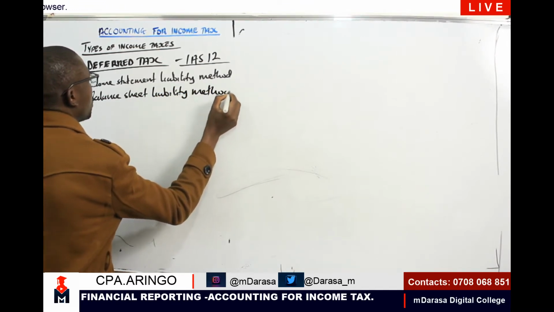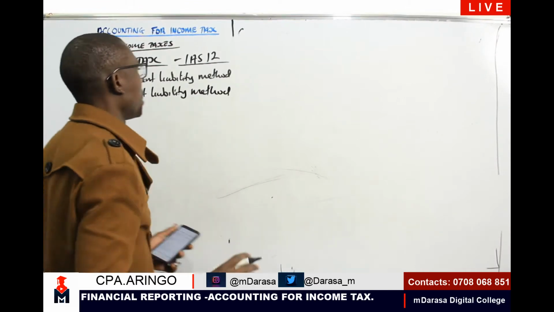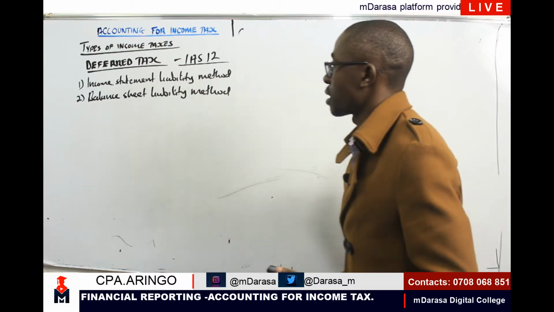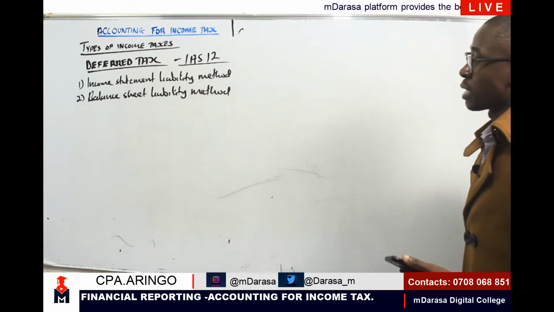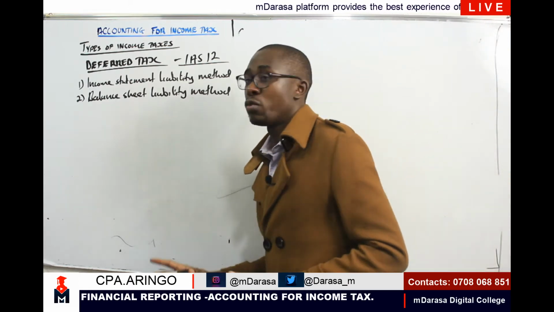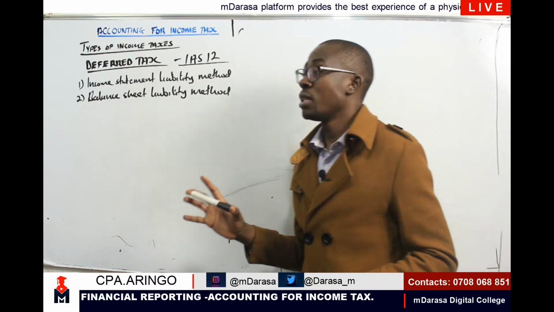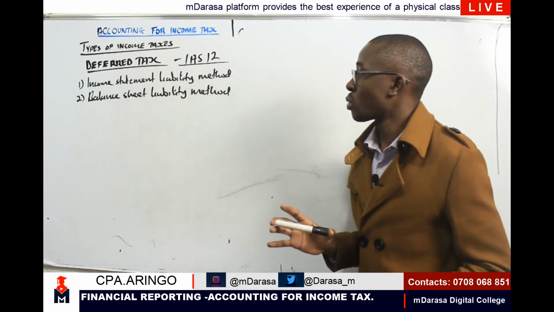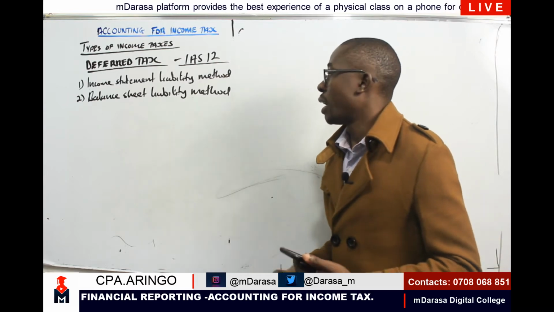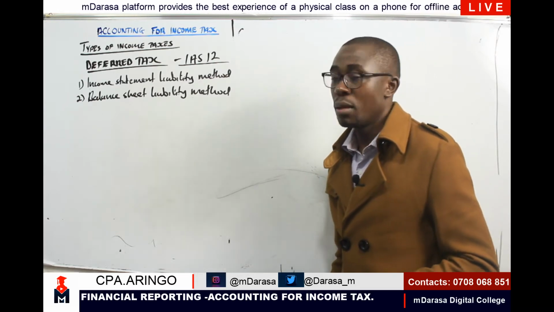So basically, these are the two main methods that we normally use when we want to determine our deferred tax: the income statement liability method and the balance sheet liability method.